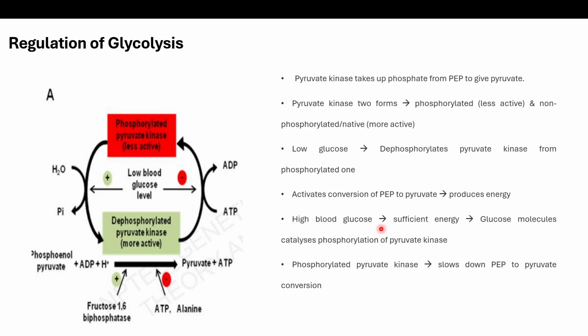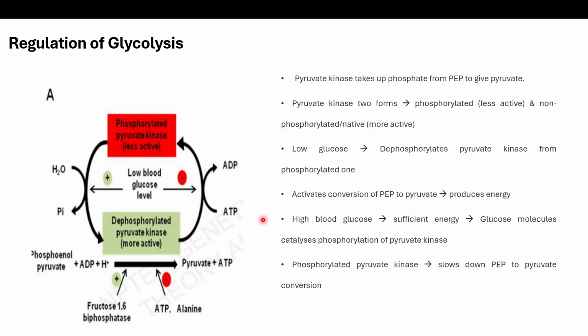However, when blood glucose is high, there is sufficient energy, and glucose catalyzes the phosphorylation of pyruvate kinase. So this phosphorylated pyruvate kinase is less active and slows down the conversion of PEP to pyruvate.